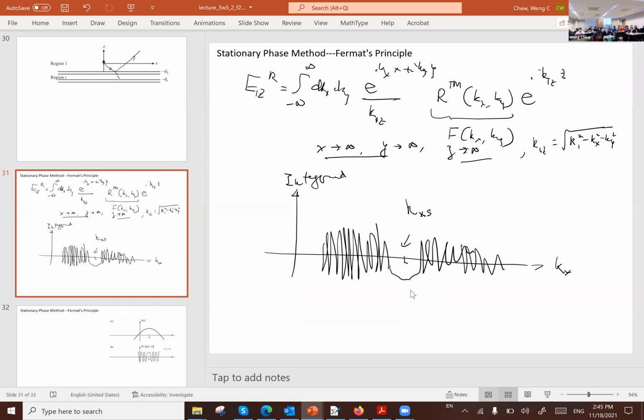So I can take the whole integrand and approximate it with its value around this stationary phase point and take it outside the integral. Then approximate the integration with a stationary phase point approximation and get a closed form approximate solution.